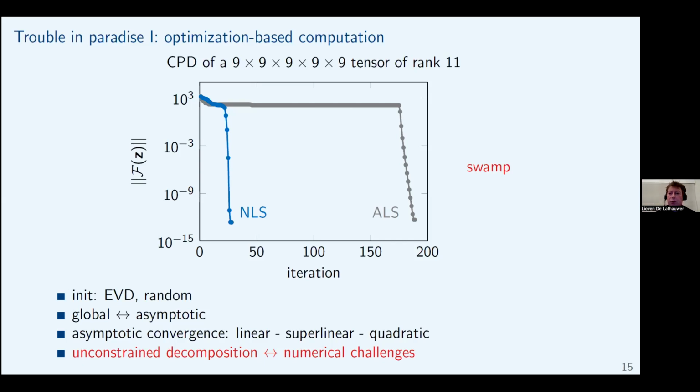So you really try to minimize the difference between the data and the CPD you are looking for. And here you can see some convergence plots. Very often this works really nicely.